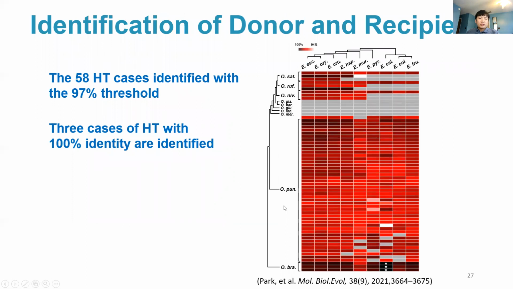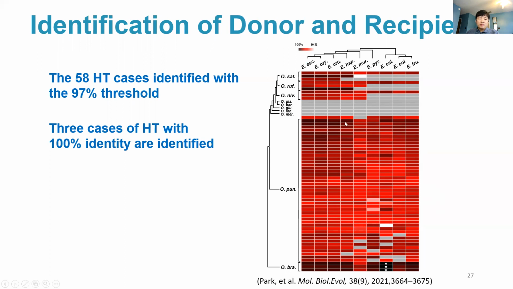Because we used a high threshold to find the horizontal transfer cases, we also expected to find the direct donor and recipient species. To investigate the direct donor and recipient species, we compared the identity of the horizontally transferred transposons between the donor and recipient species.